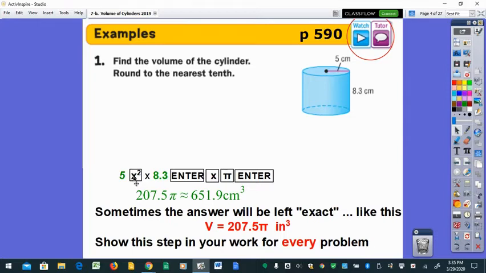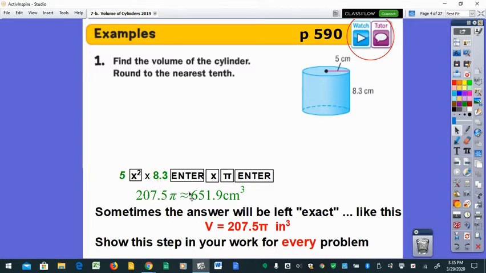These are the buttons on the calculator. Hopefully you have an x squared on your calculator or some kind of squaring button. So we're going to take that 5 and square it, multiply it by 8.3, and that number would be 207.5. So 5 squared is 25, times 8.3 gives you 207.5.